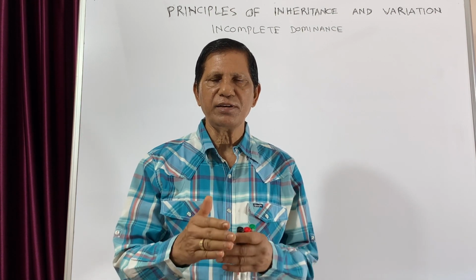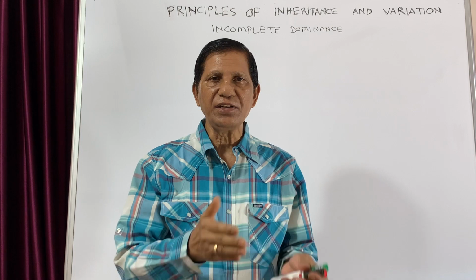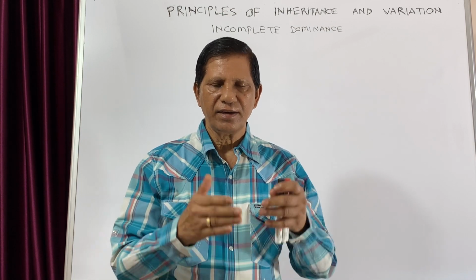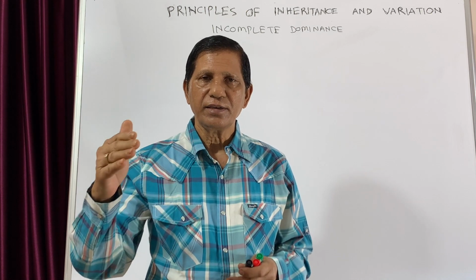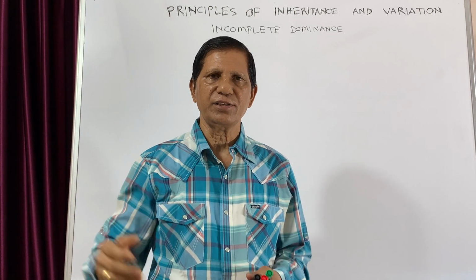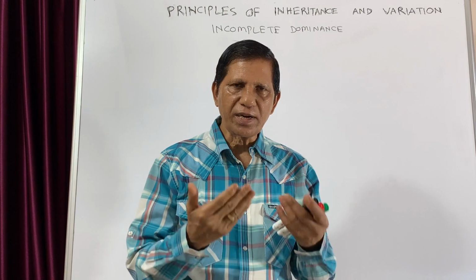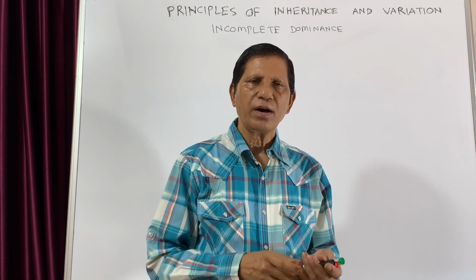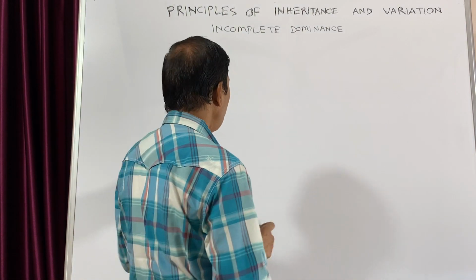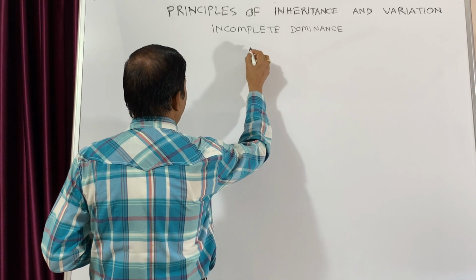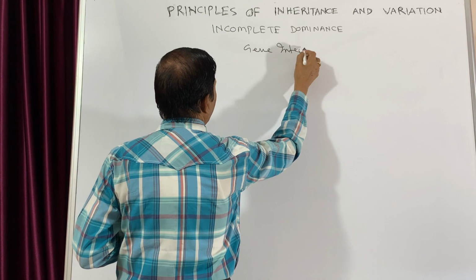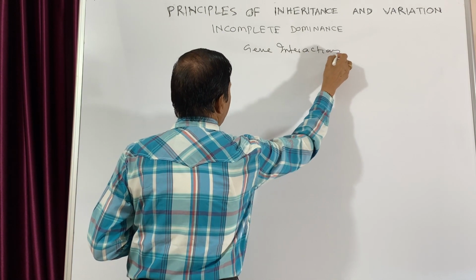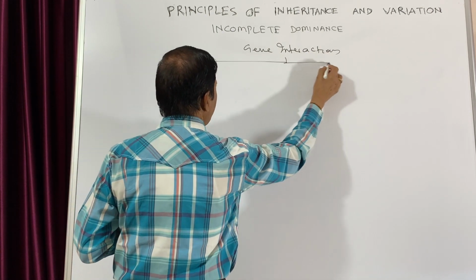It is because of different interallelic interactions, and sometimes also intergenic interactions. So the post-Mendelian deviations can be classified as gene interactions. These are mainly of two types.